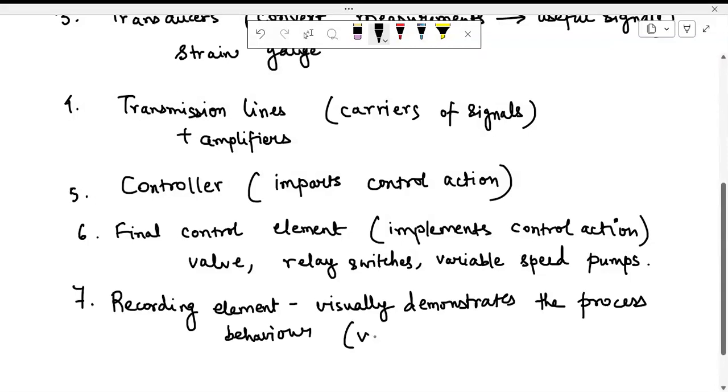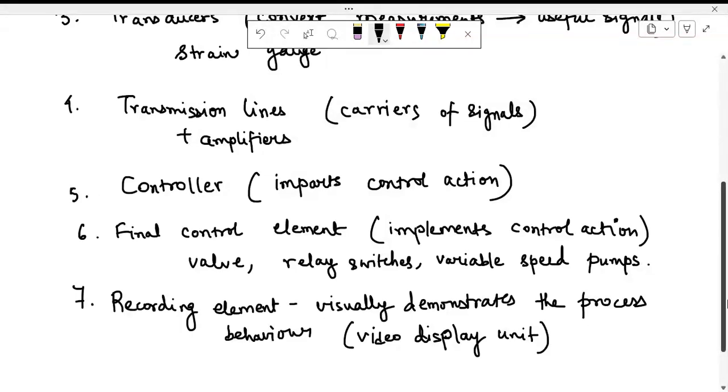So maybe you have a video display unit which shows how the pressure change is affecting a particular reactor and so on. So there is some video display unit which records the temperature change or the pressure change, which shows what kind of amplification is done in the transmission line and what the controller decides to be done with the necessary measurements that are coming through, and what the final control element finally implements as the control action.